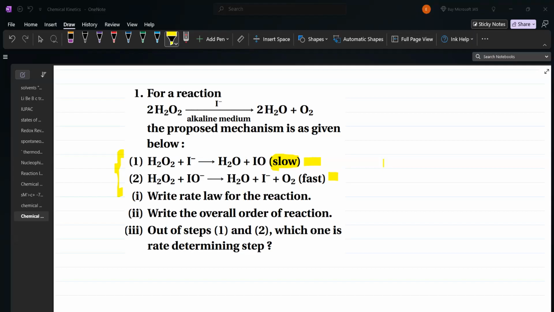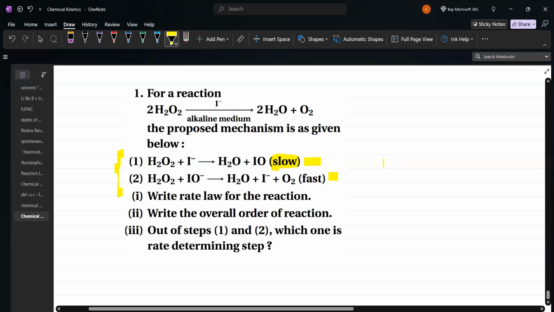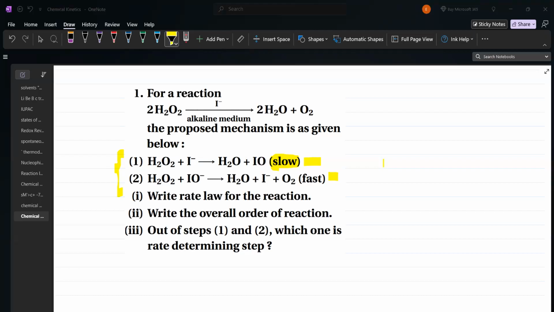First, second, third. Sir, can you explain how to write this question, the first and second part? Rishita, I will explain.